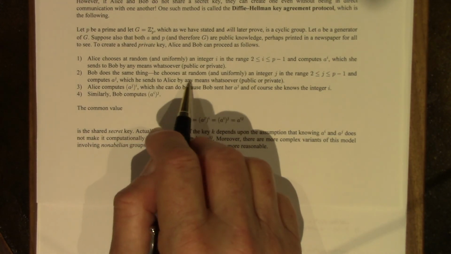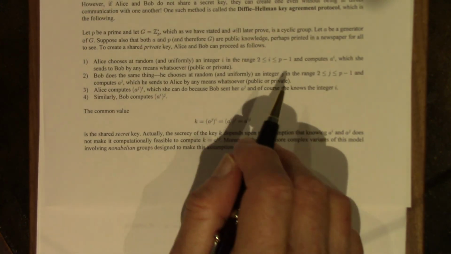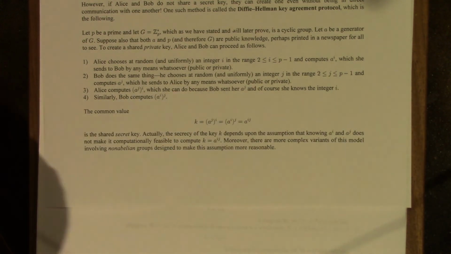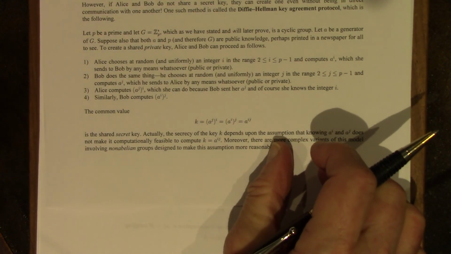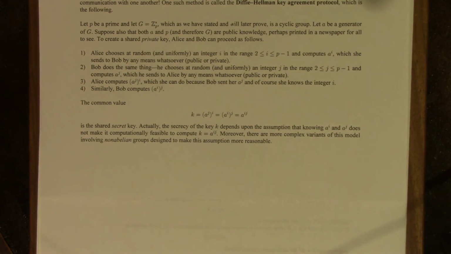He chooses at random and uniformly an integer j in the range from 2 to p minus 1. And he computes a to the j, and he makes that available to Alice. He sends it to her either over a private or public method, doesn't matter. So a, p, a to the i, and a to the j are all public knowledge.